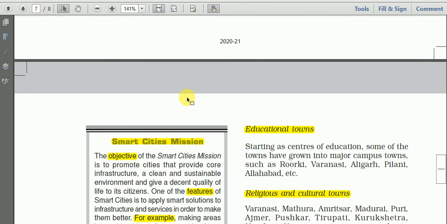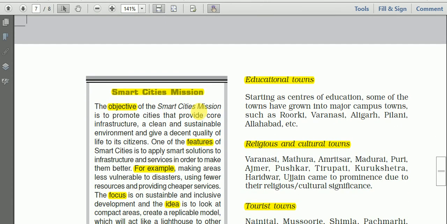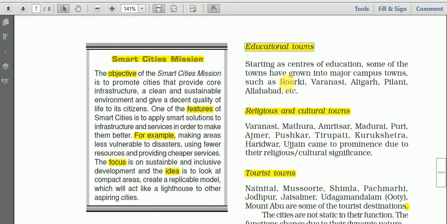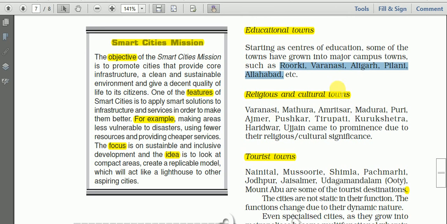And next we have another type of town, that is educational towns. These towns started as centers of education, and some have grown into major campus towns, such as Roorkee, Varanasi, Aligarh, Pilani, Allahabad. These are examples of educational towns in India.